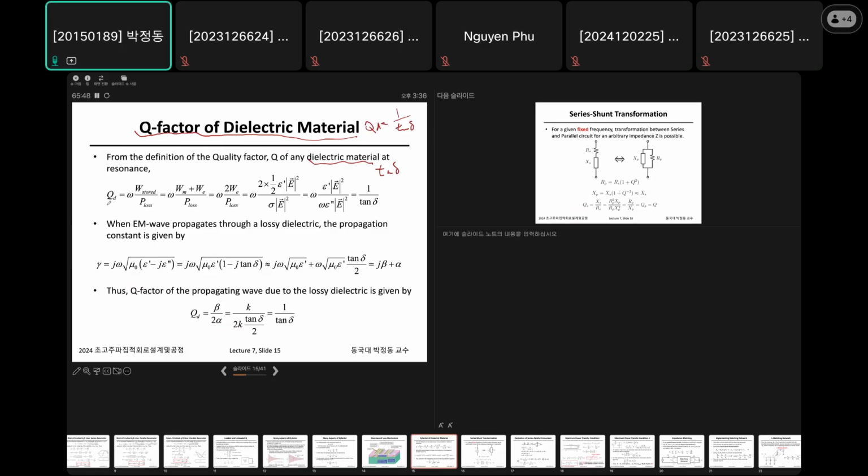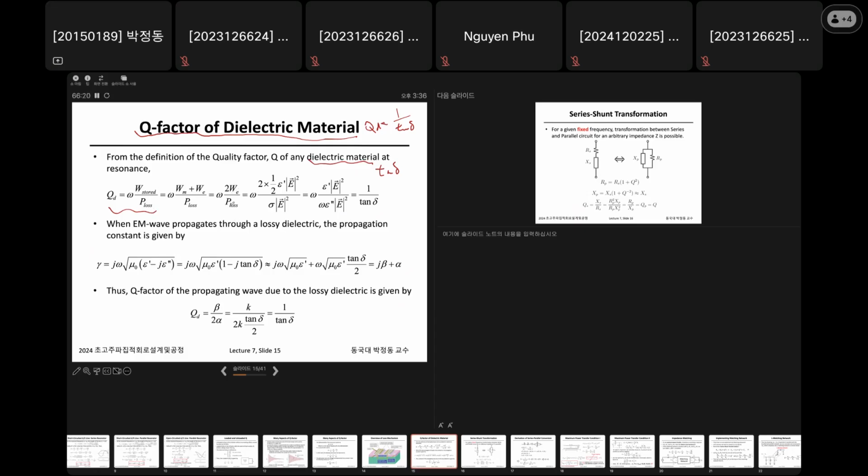There are two ways of proving this is true. The first way, which is widely used in the materials community, is given by this definition. QD is omega times energy stored divided by P loss. Here, energy stored is twice the electrically stored energy.